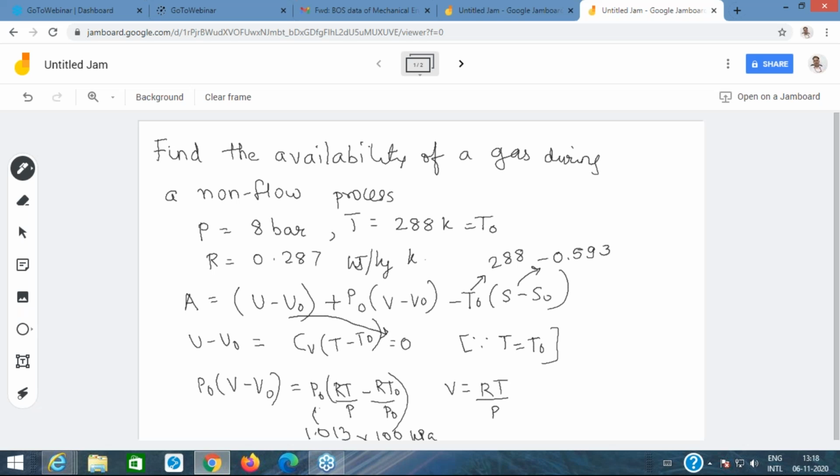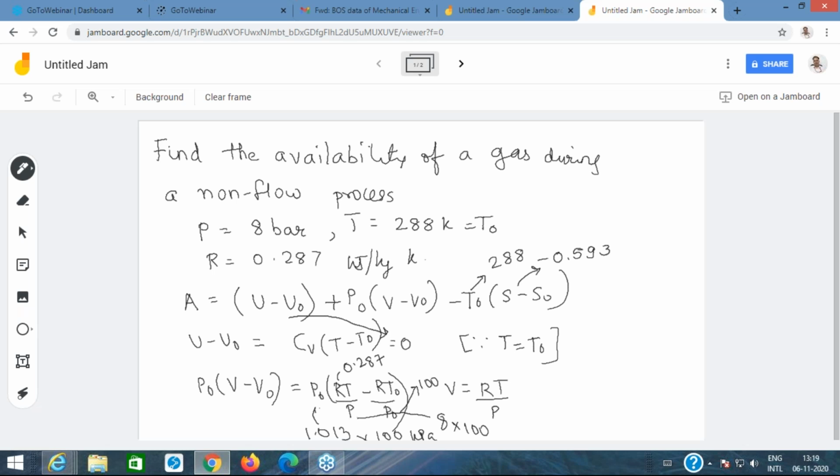R is 0.287. P again is in bars, so I will put it as 8 into 100 kilopascals, and P naught is again 100 kilopascals. Just be careful while substituting the units.